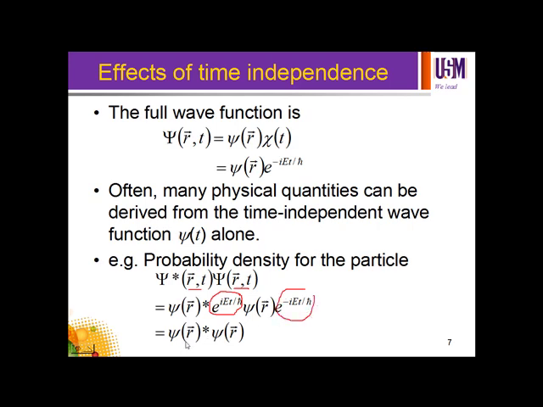What is left is just small psi r conjugate multiplied by psi r. I think I'm wrong here. This should be r at the top here. It should be psi r alone. That means it depends on radius only. So basically, if you want to determine the probability density, it can be in the form of the full wave function, capital psi, or you can just use the small psi representing the probability density with respect to r only.